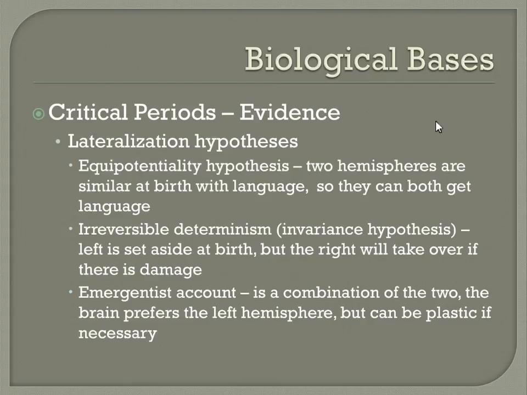Sometimes there's a theory of irreversible determinism, so sometimes it's called the invariance hypothesis. And that's the idea that the left is set aside at birth, but right will take over if there's damage. It doesn't totally explain left-handed people. And then the emergentist account, where it's a combination of two different things. The brain has a preference for the left hemisphere, but we can be plastic if necessary.